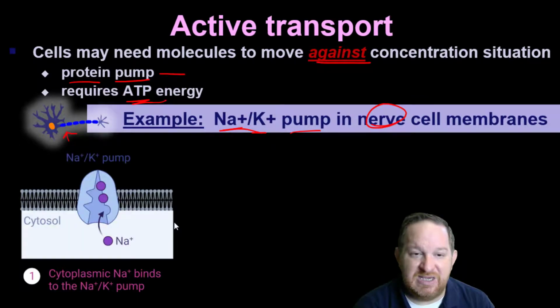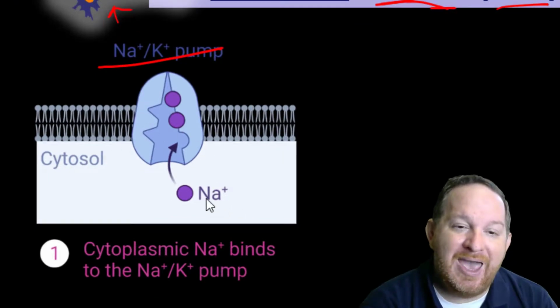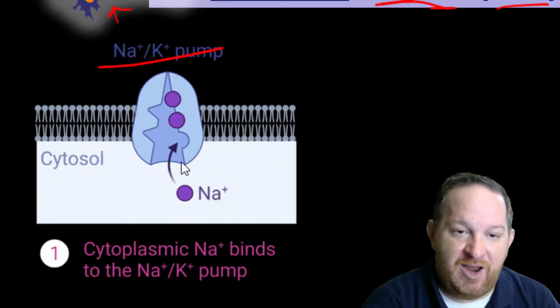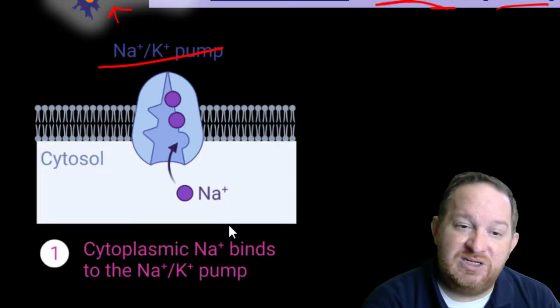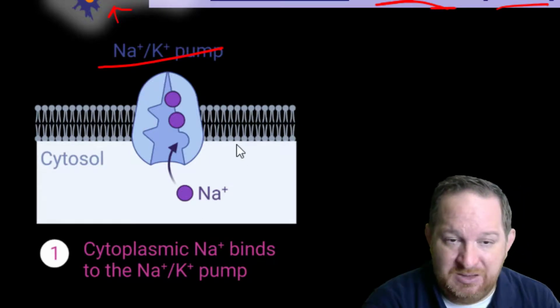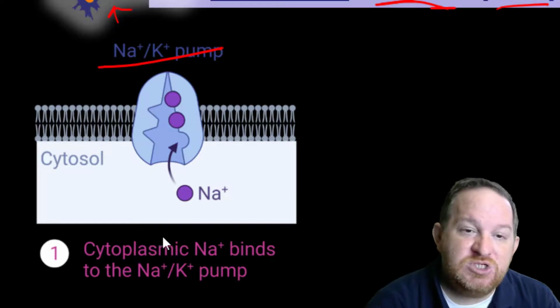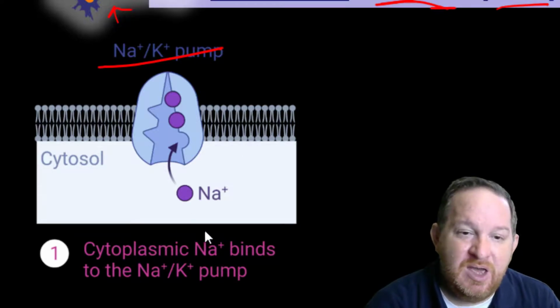So here's a prime example. This is the sodium-potassium pump here, and the neuron has fired. So the sodium has come inside, the potassium has gone outside, and we need to reverse this. We need to get the sodiums back out and the potassiums back in so that the nerve, or the neuron, can fire again. So the first thing that happens is the sodium in the cytoplasm will bind to this pump.